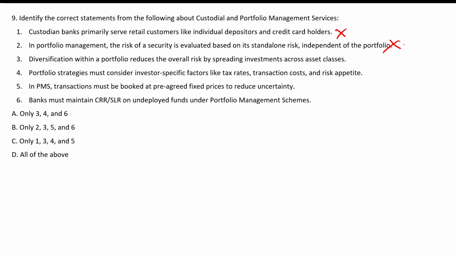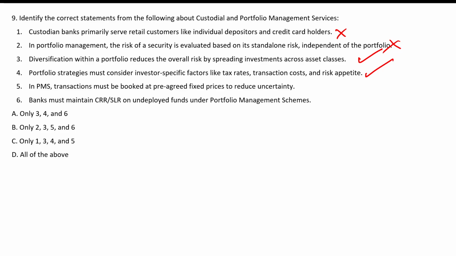Diversification within a portfolio reduces the overall risk by spreading investment across assets. Correct. Portfolio strategies must consider investor-specific factors like tax rates, transaction cost and risk appetite. Also correct. In PMS, transactions must be booked at pre-agreed fixed prices to reduce uncertainty.